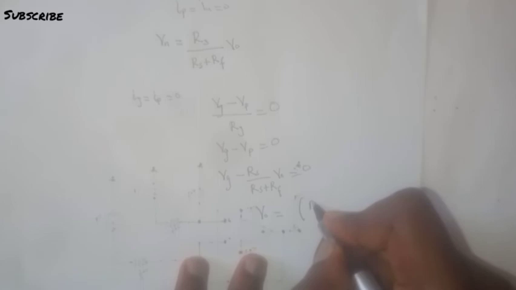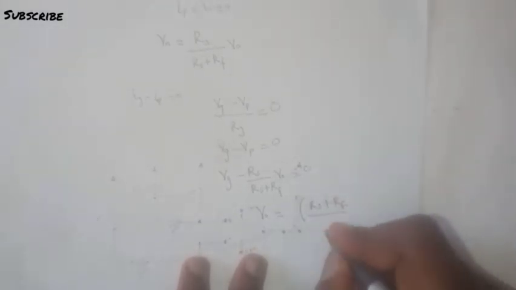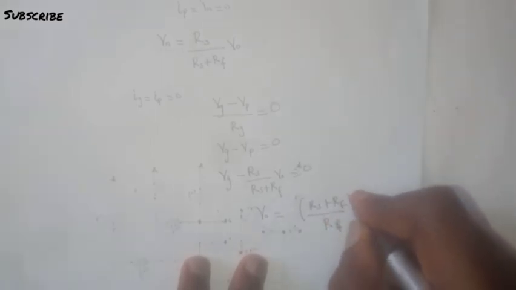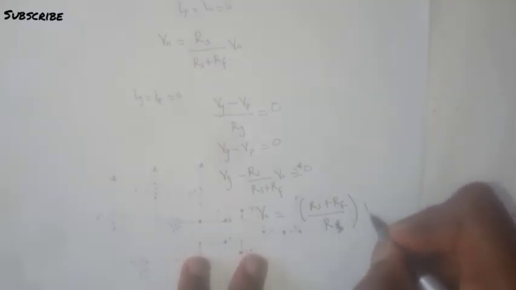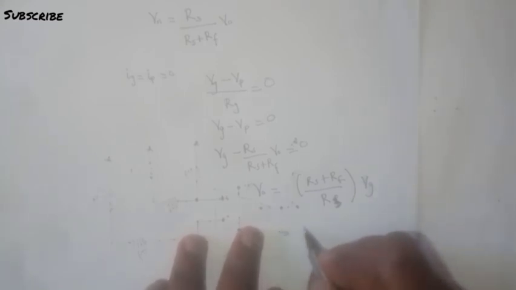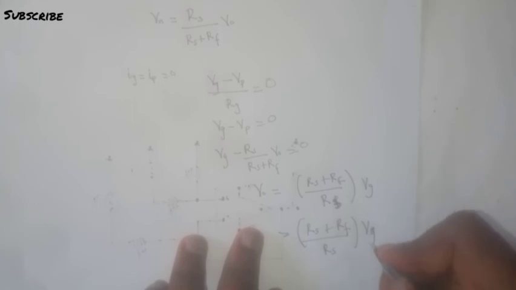That tells us that V0 is equal to Rs plus Rf over Rs multiplied by Vg. So let me write that: Rs plus Rf over Rs multiplied by Vg.